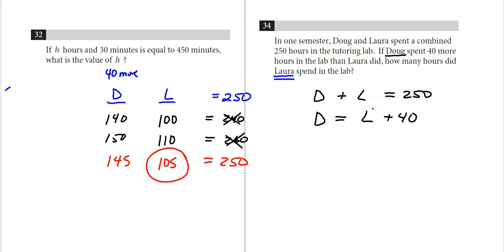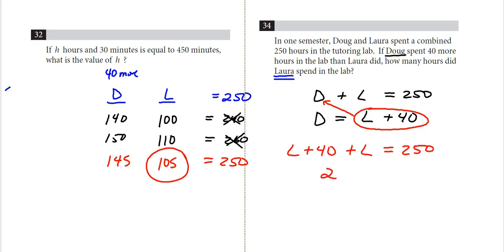Since I know what D equals, I could grab this expression and replace it for D, and I would have L plus 40 plus another L equals 250. And combine like terms, I get 2L plus 40 equals 250. Minus 40 minus 40, I get 2L equals 210. Divide, and I get 105.